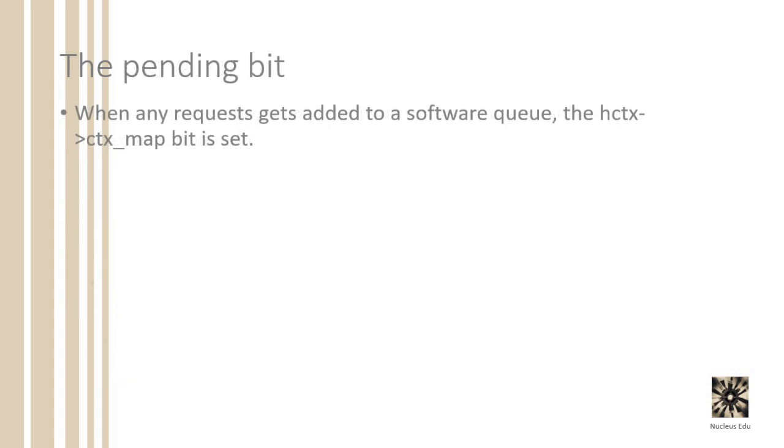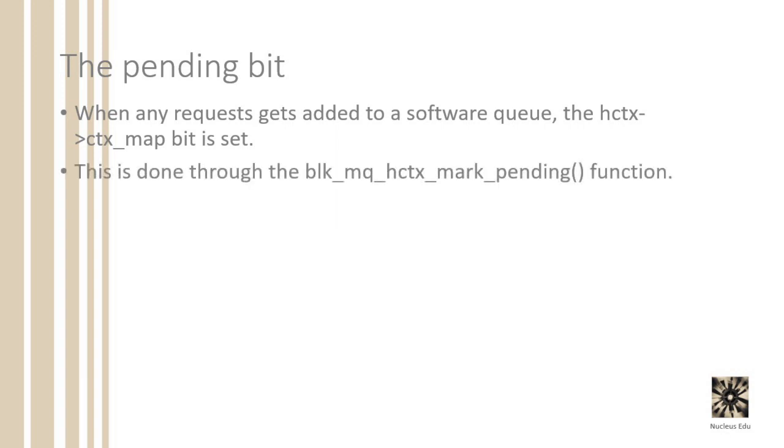So next we're going to look into the pending bit. When requests get added to the software queues, be it while being created from block mq submit request, at that time a bit is set in the hctx context called ctx_map.